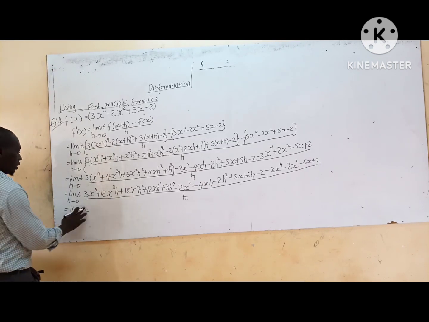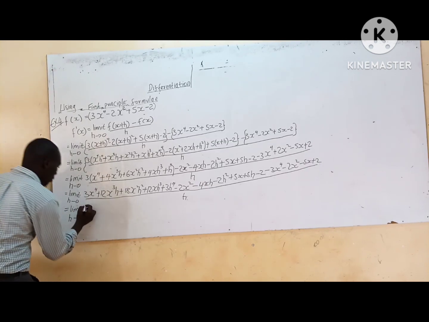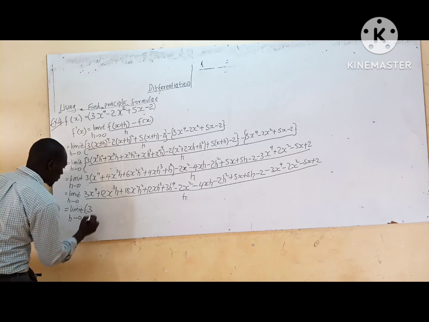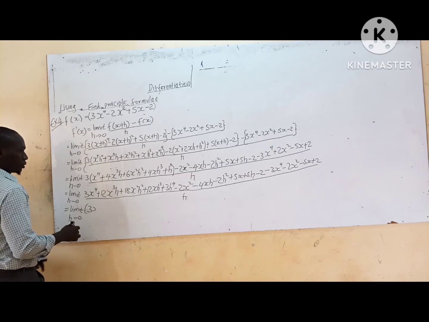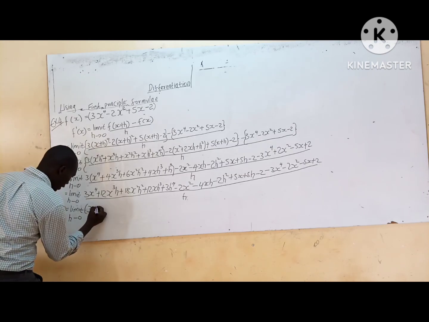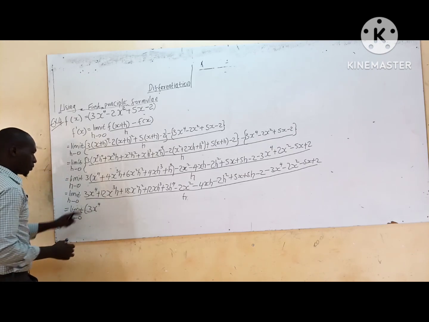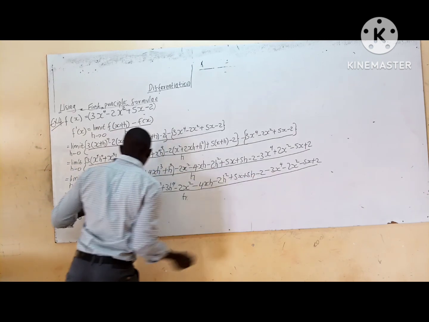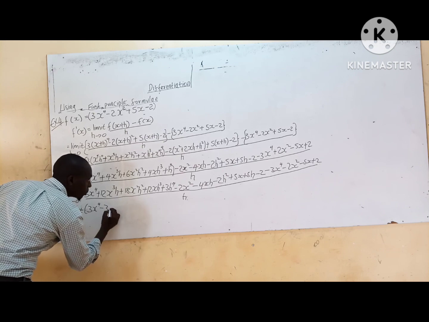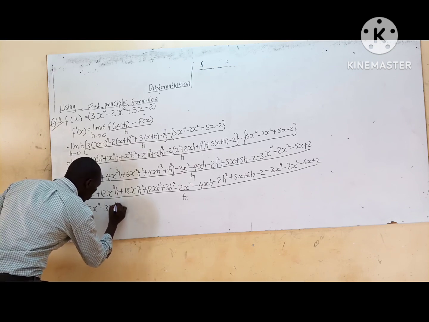Let us now collect the like terms together. In this step now, we are going to collect the like terms together. X power 4. Any term of x power 4 we have here. Subtract from 3x to power 4.